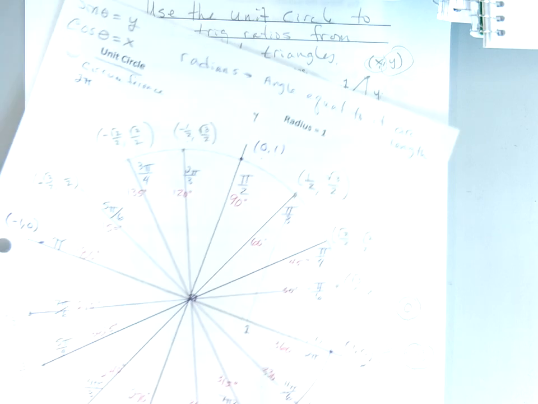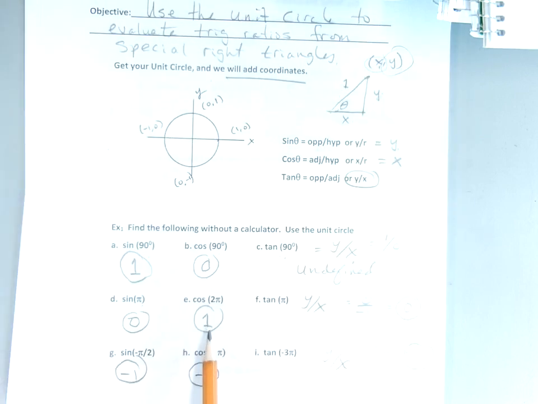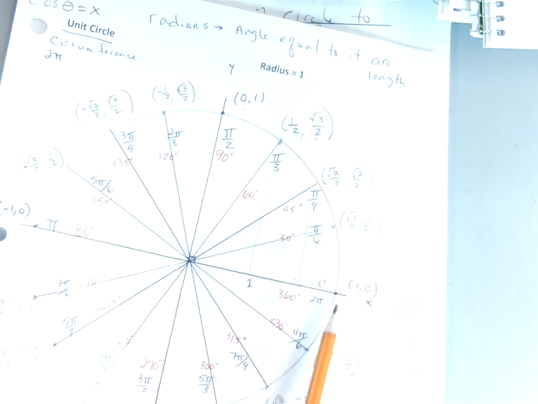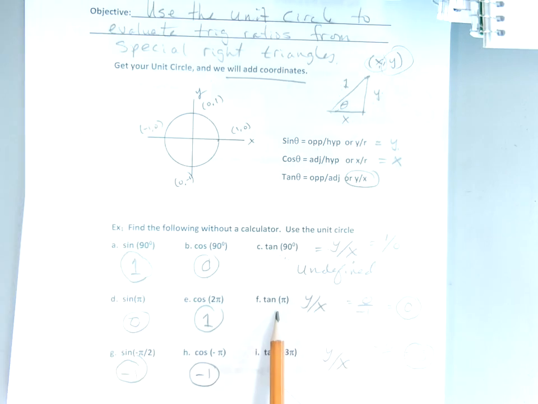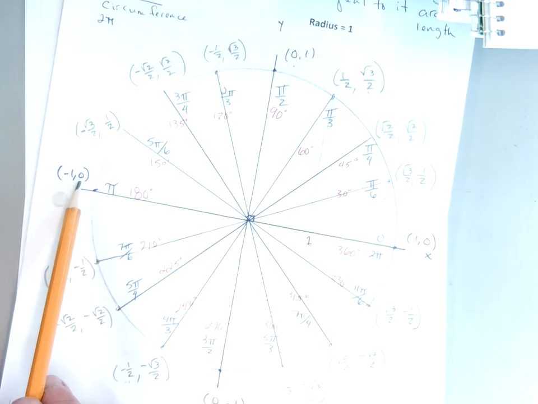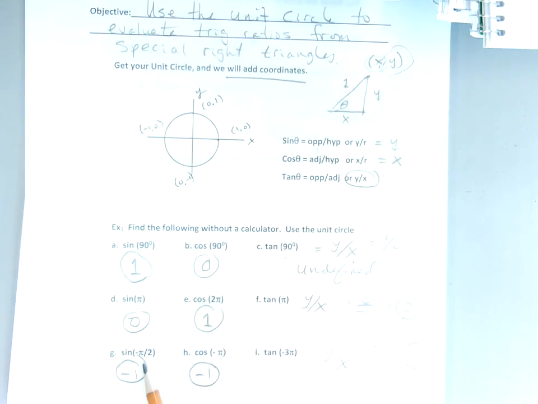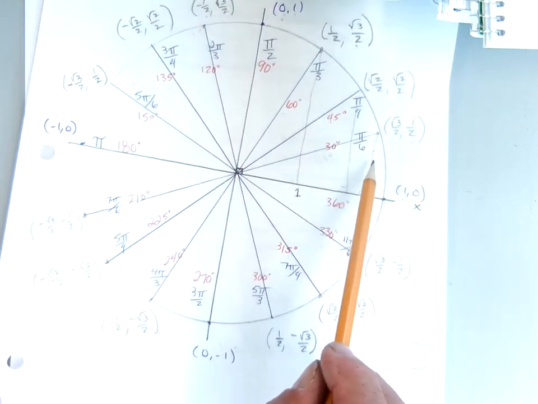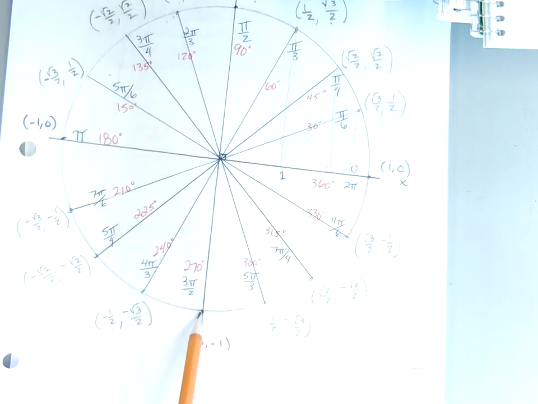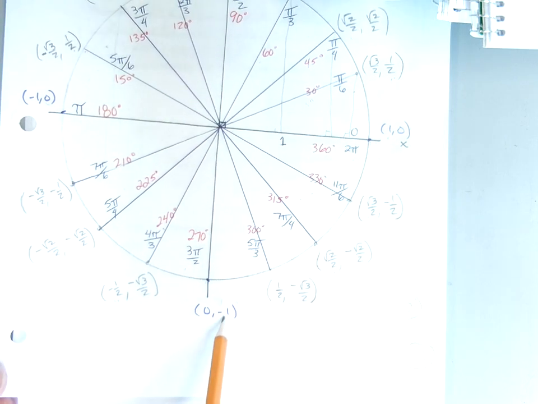Sine of pi, go to pi, it's the y value, 0. Cosine of 2 pi is going all around the circle. Cosine is the x value, it's 1. Tangent of pi is y over x, so it's 0 over 1, which is 0. Sine of negative pi over 2: if that's pi over 2, then negative pi over 2 is just the opposite rotation, and the sine is the y value, which is negative 1.